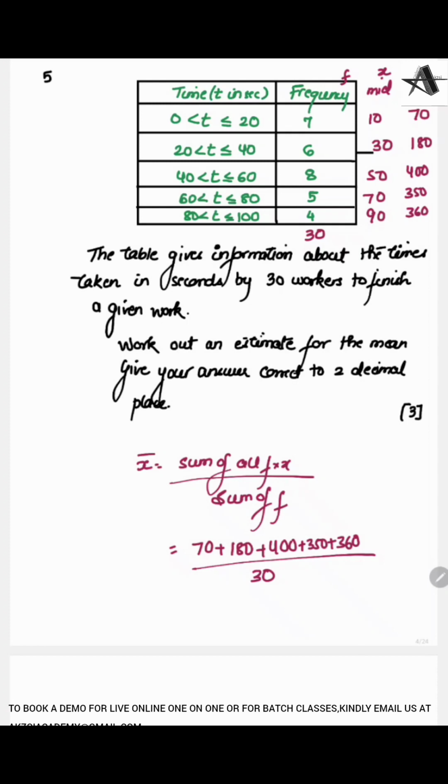Answer is 45.33 recurring. So instead I am just writing 45.33. That's it. Even if you want, you can just put recurring there.